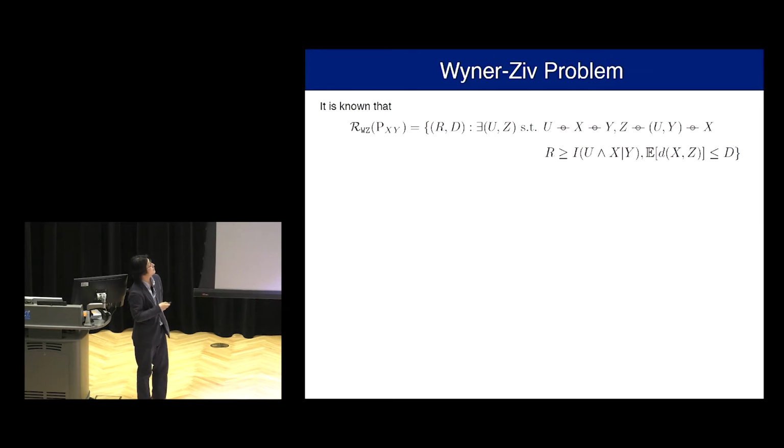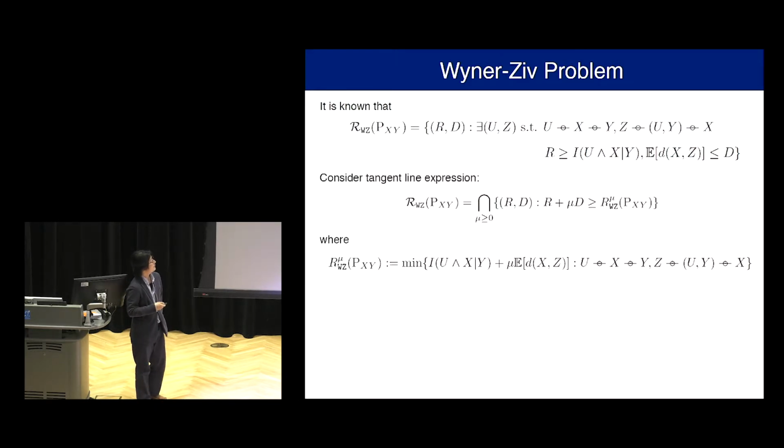The Wyner-Ziv region can be characterized by a formula using conditional mutual information and one auxiliary random variable satisfying this Markov constraint. And for technical reasons, we consider this kind of weighted sum of rate and distortion.